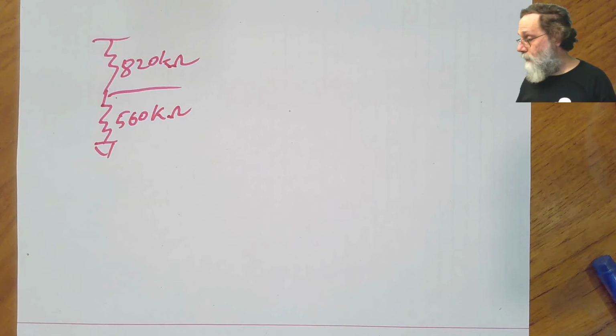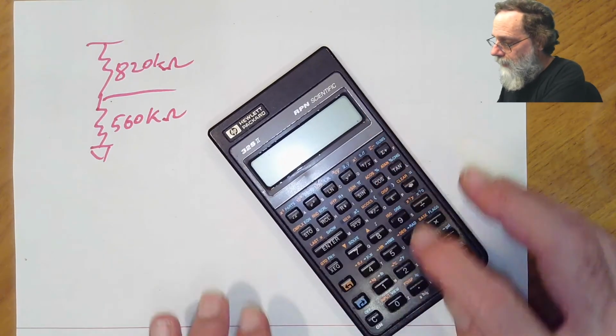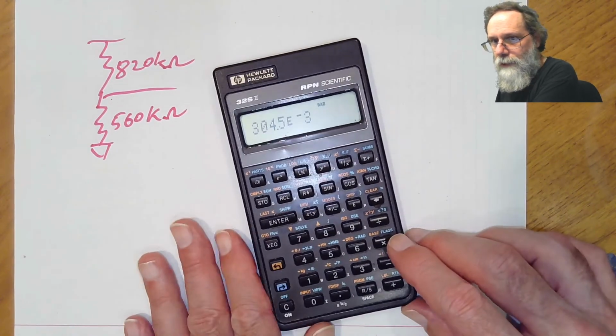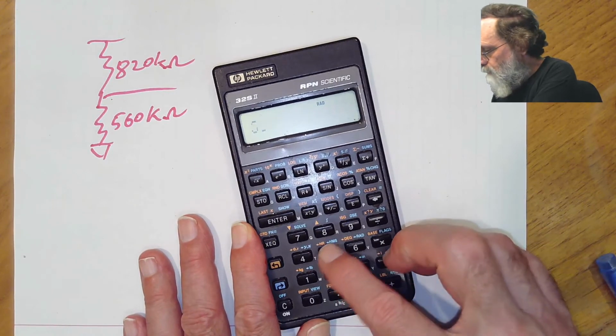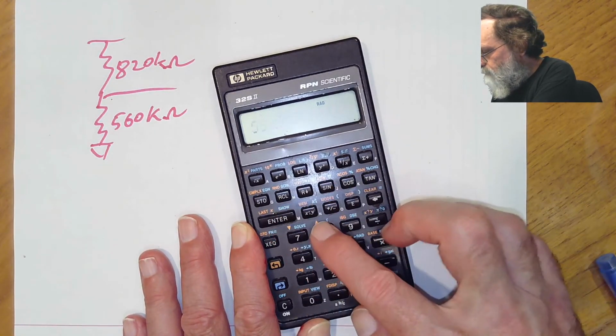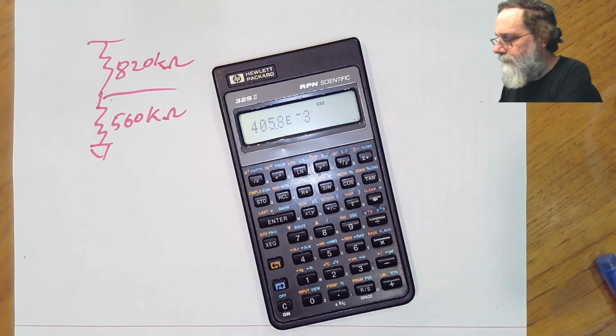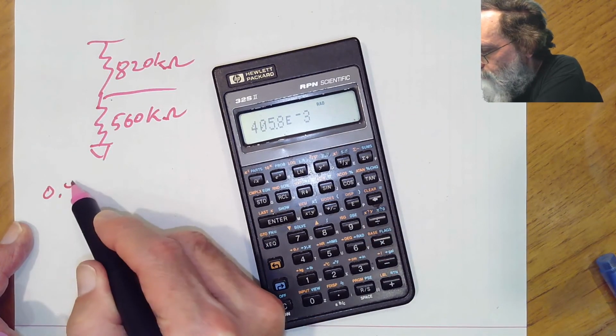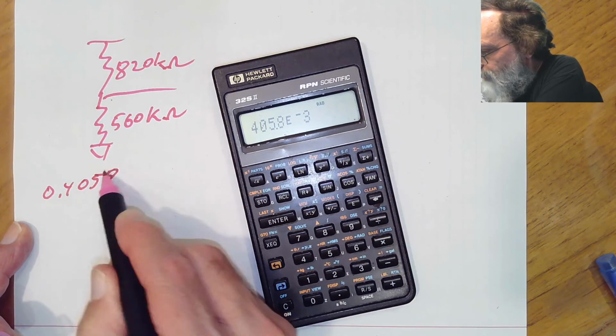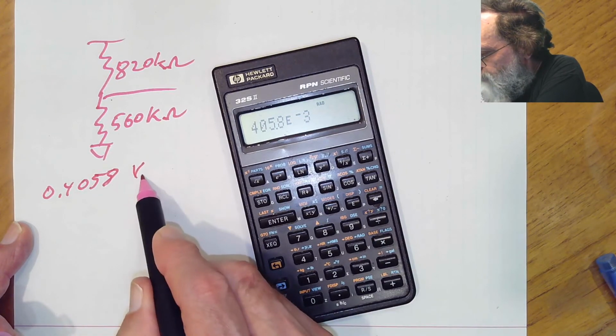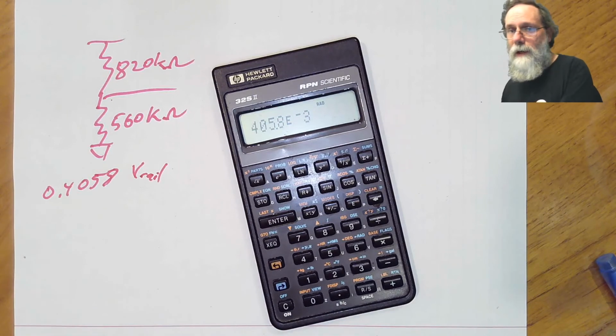The Thevenin voltage we just get from the voltage divider equation, so it is 0.4058 times whatever that rail voltage was there.